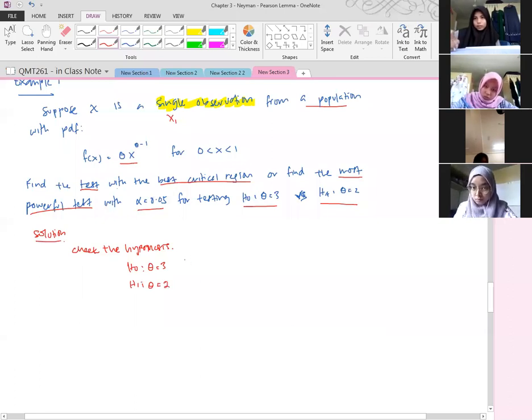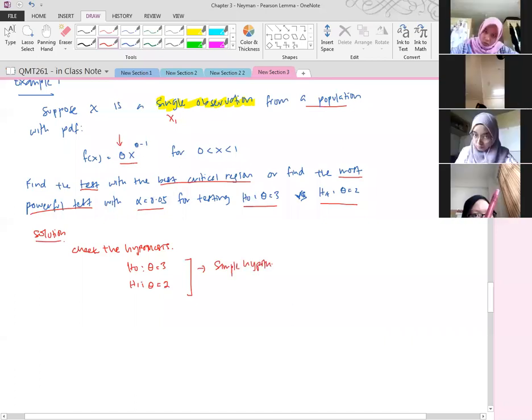Since we only have one parameter in the PDF, it leads us to a simple hypothesis. So if we have a simple hypothesis, then we can apply.